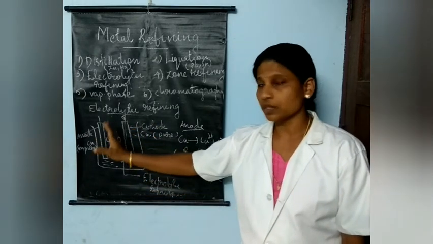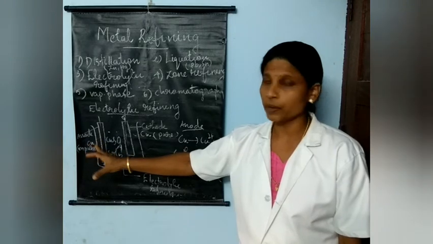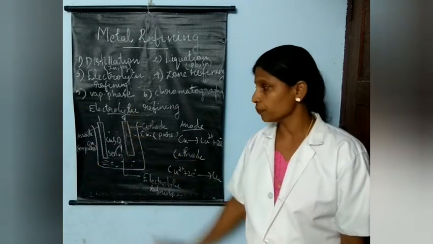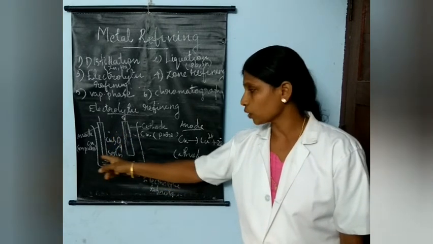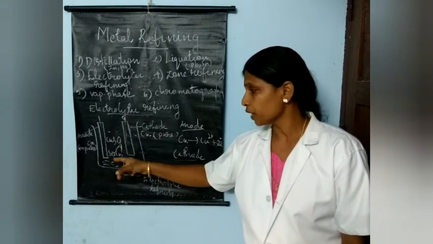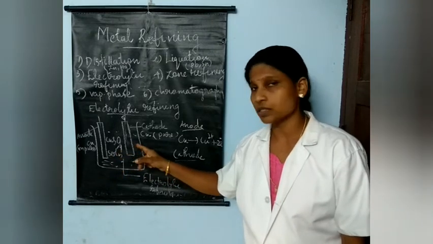Oxidation takes place at the anode, where copper undergoes oxidation and forms copper ions. The copper ions move into the solution and reach the cathode.